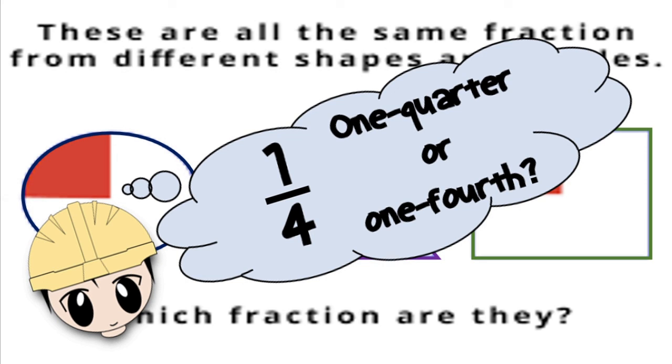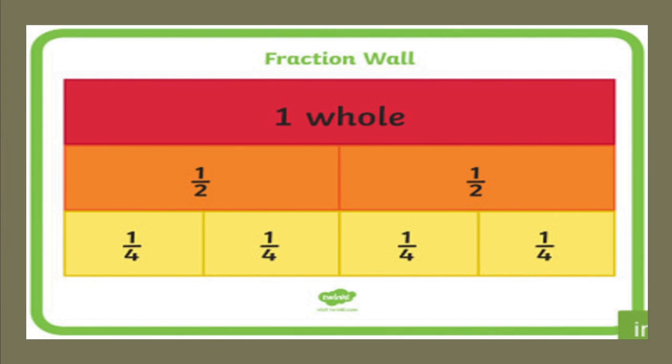How do we write? 1 upon 4, or 1/4. 1 upon 4 or 1/4. See, remember children, one whole has 2 halves and one whole has 4 quarters. Okay.